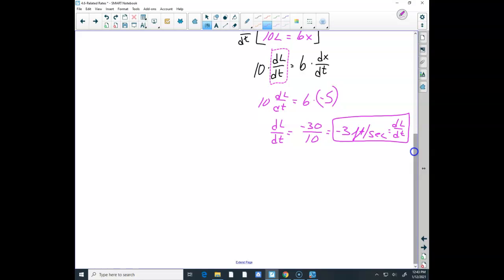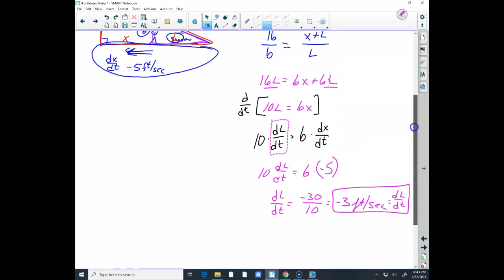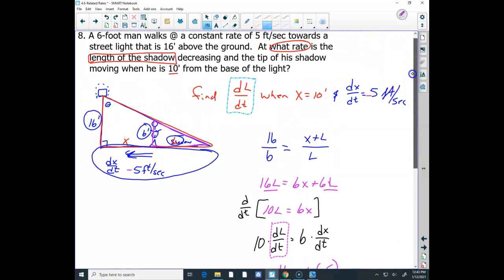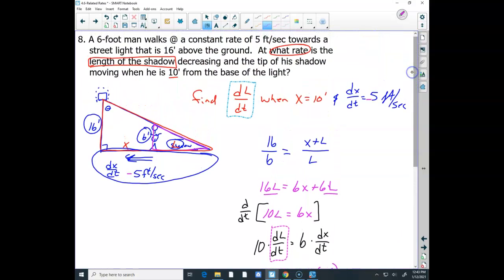Okay, well, that's dL/dt. They also wanted me to know, at what rate is the tip of the shadow moving? Well, the tip of the shadow is moving.